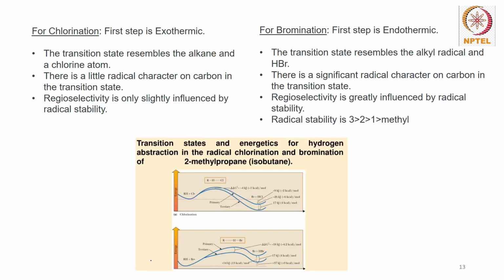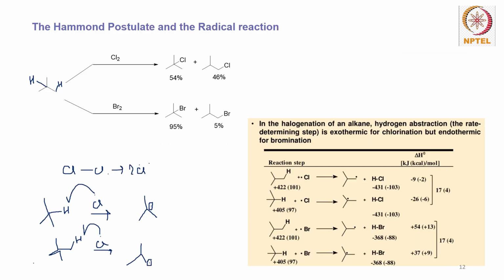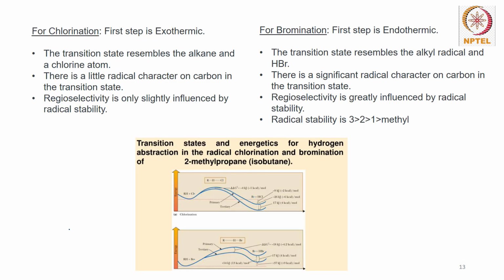Now for chlorination, the first step, that is this propagation step, is where this alkyl radical forms. In case of chlorination, this step is exothermic in nature, whereas in case of bromination, this step is endothermic in nature.